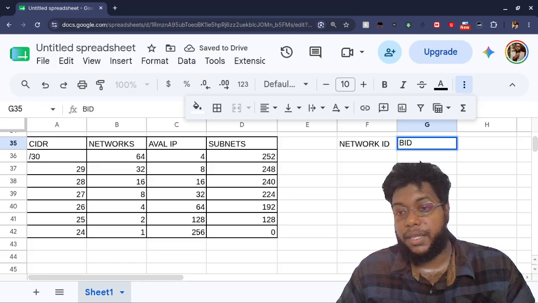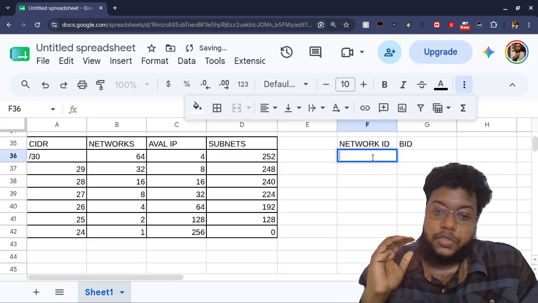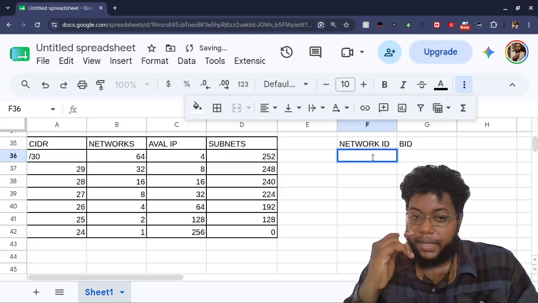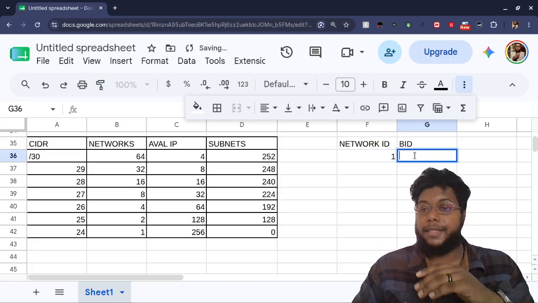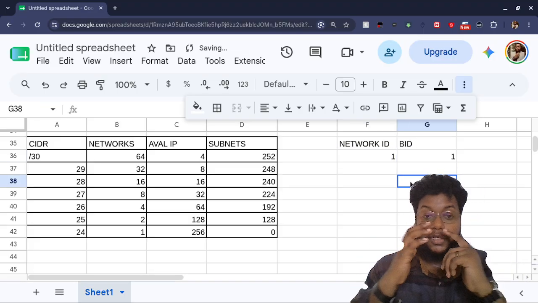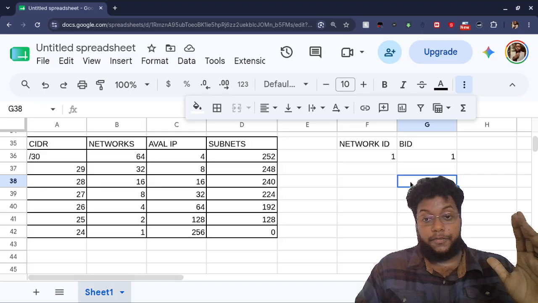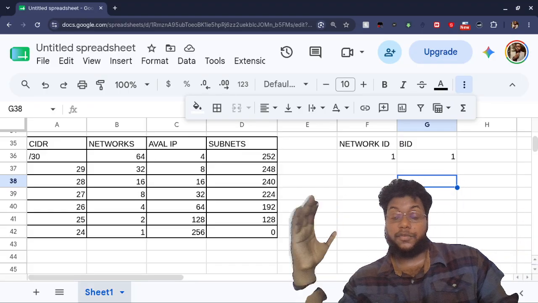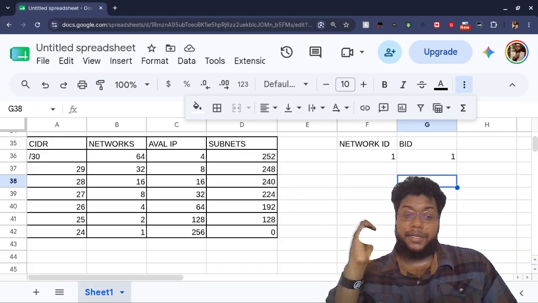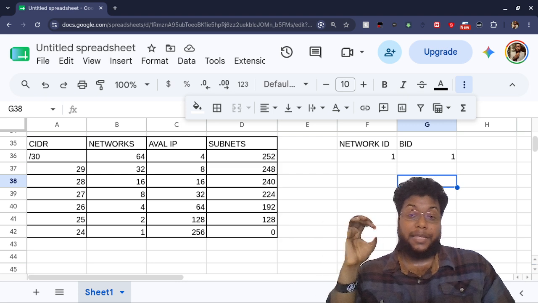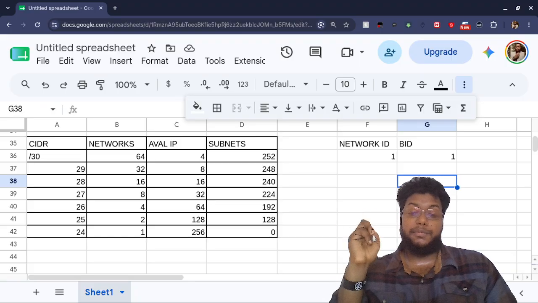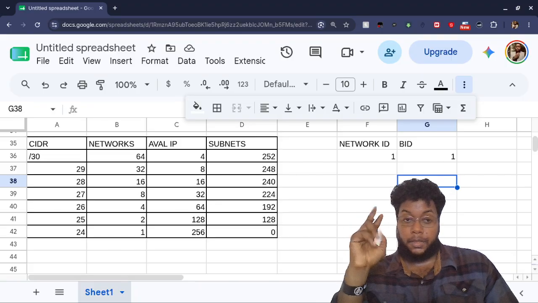We're not going to get too much into broadcast IDs and network IDs in this one, but I just want you to understand that they take up some IP addresses. They take up one IP address for the network ID and the next one for the broadcast ID. So every single available IP count will be missing 2.